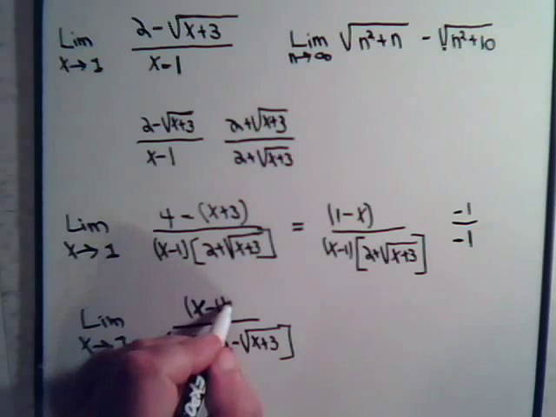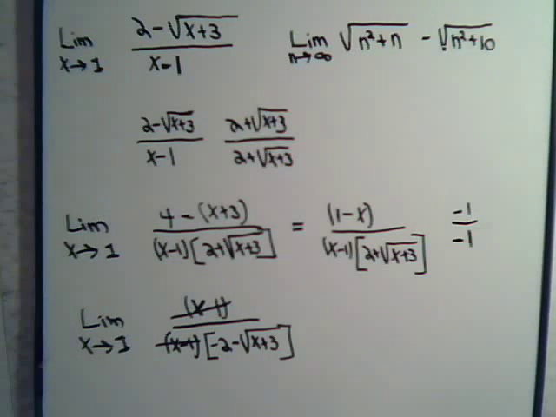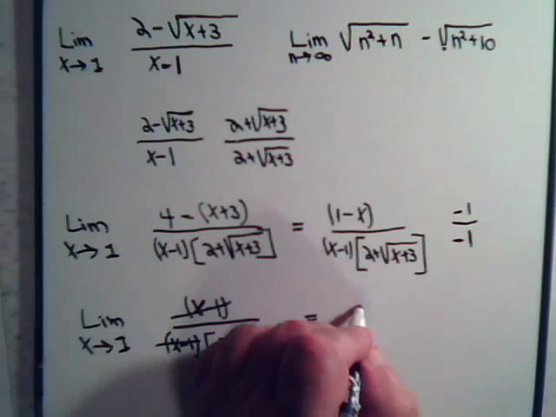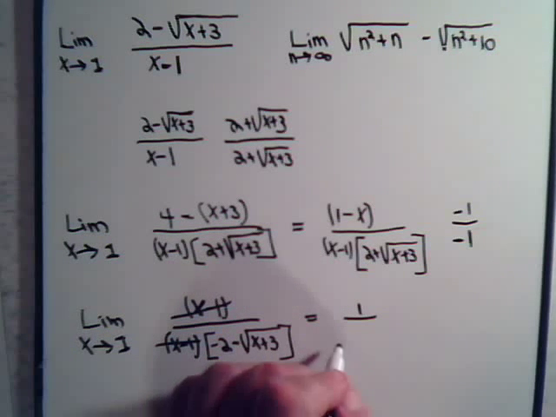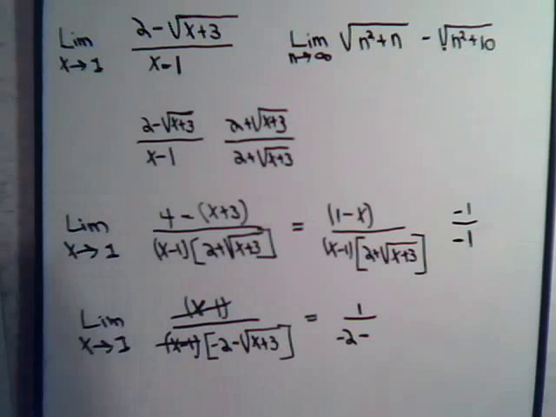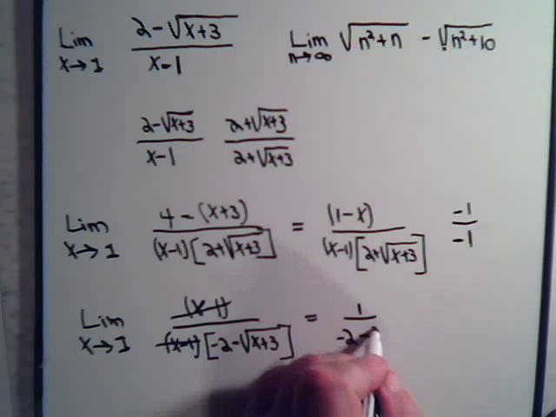So these troublesome terms cancel each other out. That did make this little manipulation worthwhile, because now we can put in our value for x, and that's going to be equal to 1 over negative 2 minus the square root of 1 plus 3, which is 4, the square root of 4 is 2.